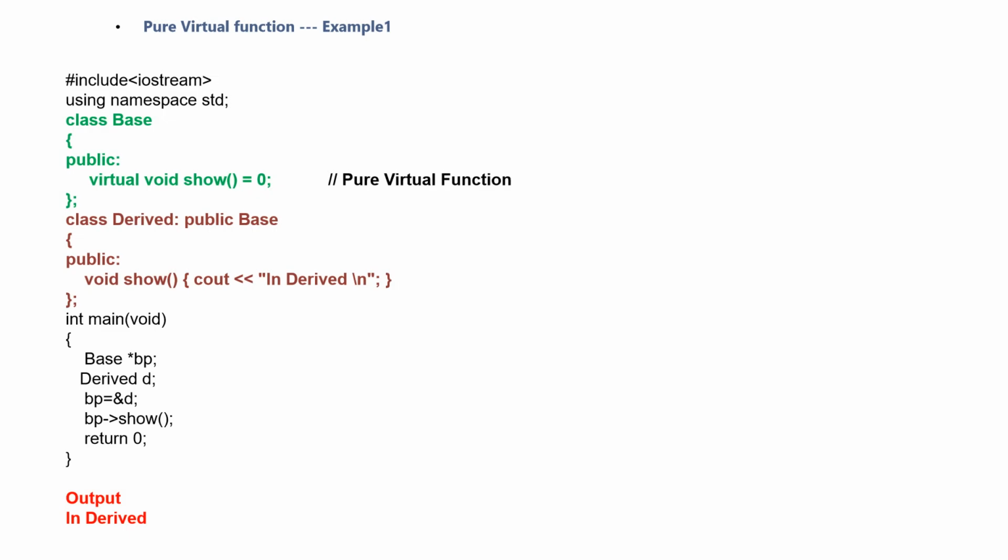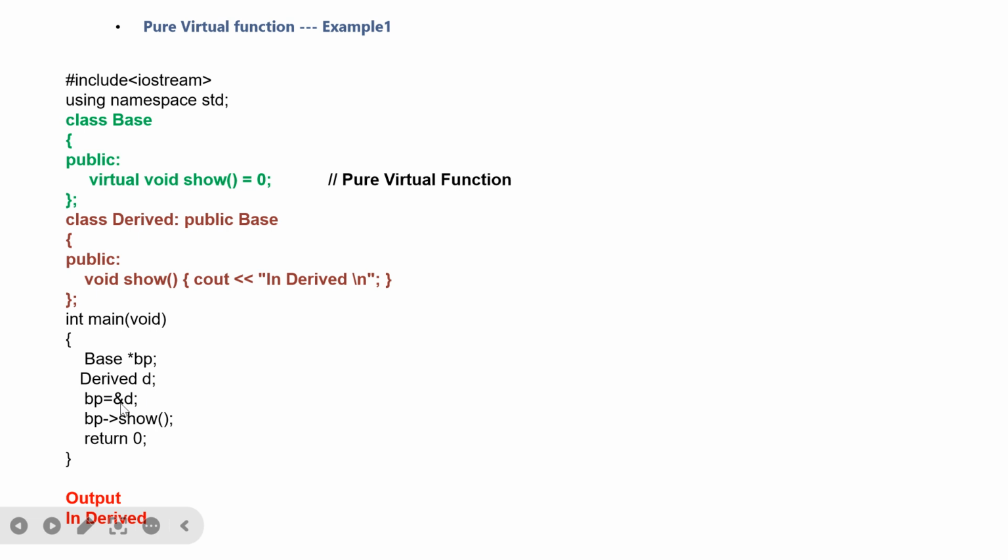We can see one small example for pure virtual function. So here we have the base class and derived class. In the base class we have the pure virtual function equal to 0. The function name for both the base class and the derived class is the same. So here also show and here also show is given. Now we are creating the pointer for the base class and an object for the derived class.